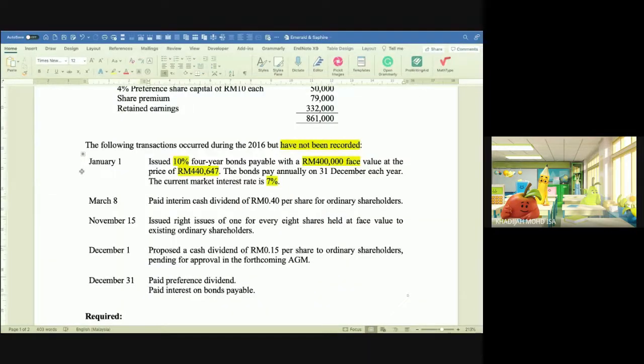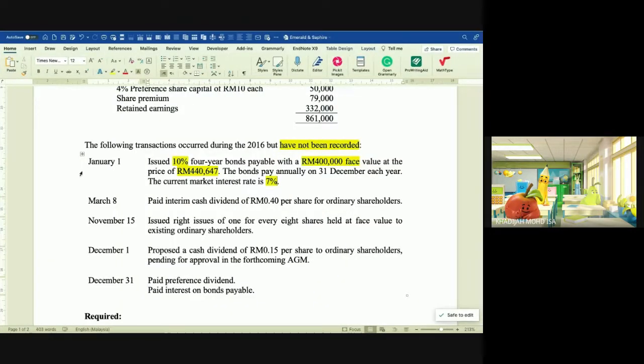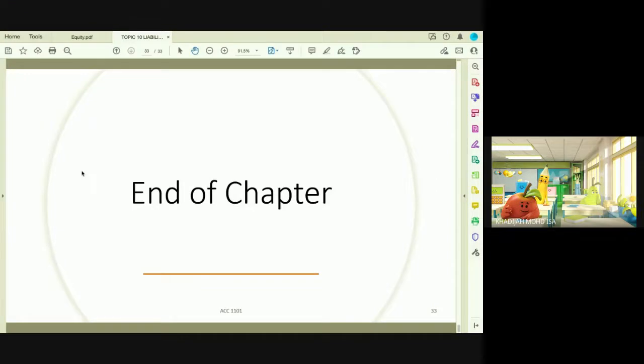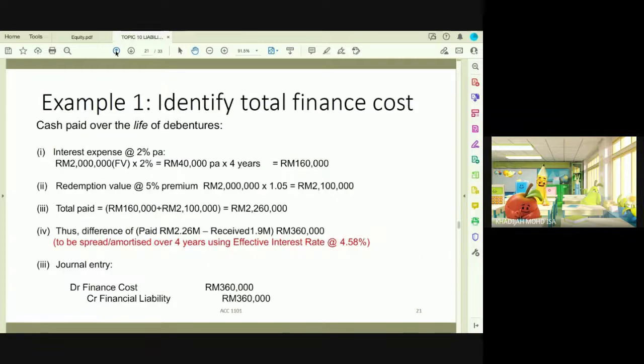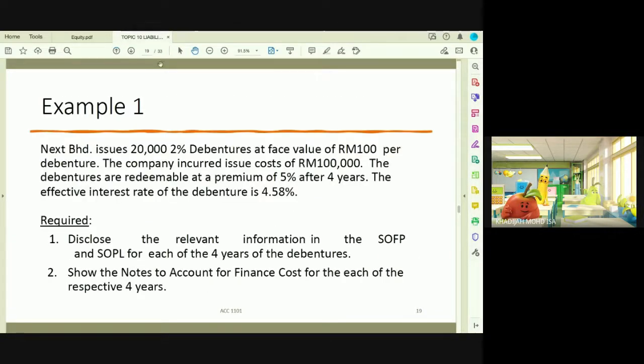Is it 7% or 10% bond? Let me see. Here we say 2% debentures, so it should be 2%.